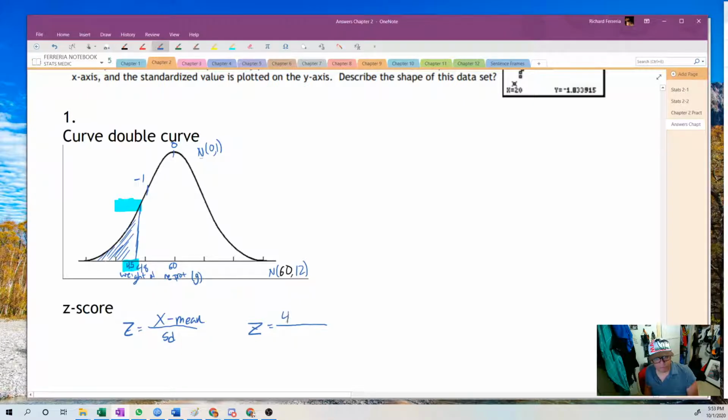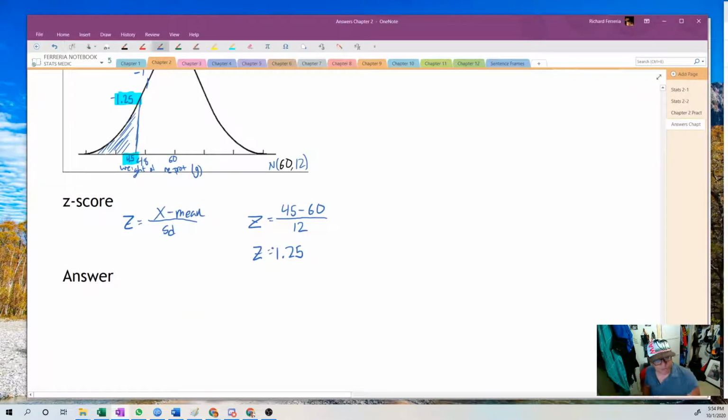You've got 45 minus the mean of 60, over a standard deviation of 12. Do some quick calculations, and you get yourself a z-score of negative 1.25, which I'll put up over here, negative 1.25. So a z-score of negative 1.25 corresponds with a report weight of 45. So that's our z-score calculation.